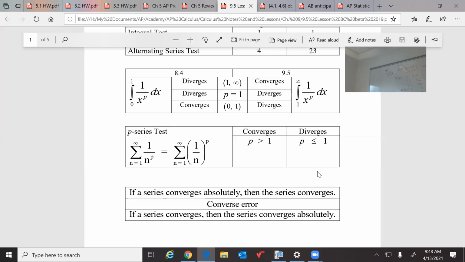Converse error: you can't exchange what's in front of if with what's in front of then. If the series converges, then it converges absolutely is a converse error. Okay? If the series converges, then it converges absolutely. But if it converges absolutely, that's telling us the absolute value converges.